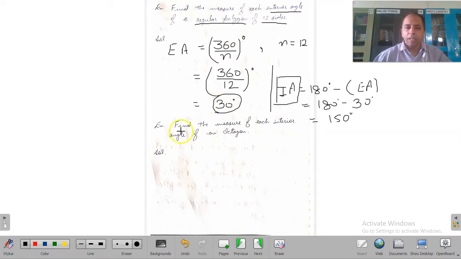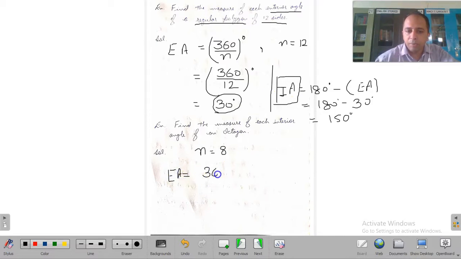Next question, find the measure of each interior angle of an octagon. Now we have to find the interior angle of what? Of an octagon. In case of an octagon, the number of sides is equal to 8. We discussed in the previous lecture that in case of an octagon, the number of sides is 8. So in order to find the value of the interior angle, first we have to calculate the value of each exterior angle.